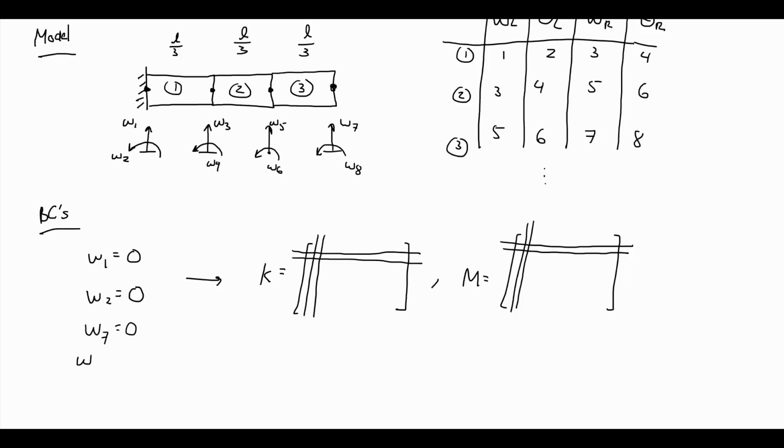So W of, I will say like n minus 1 is really in general what we're going to be setting to 0. And we'll see what that looks like in the code, but that way as we scale this up and add more elements, we're always eliminating or zeroing out the correct degree of freedom. That's always the displacement at the end of the beam.